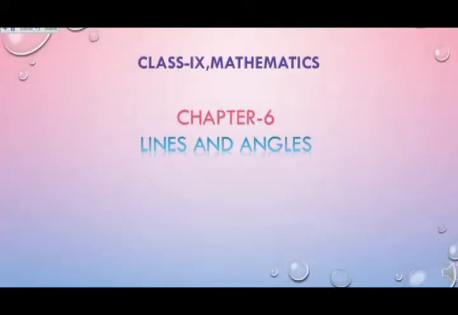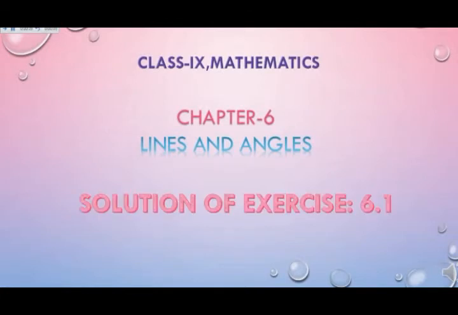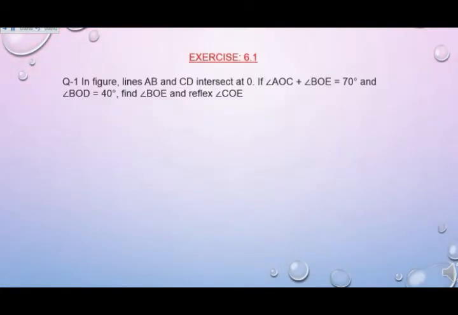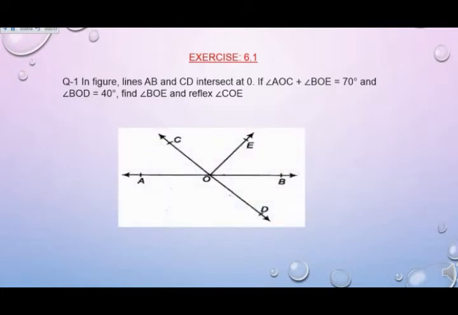Okay students, I hope that you must have understood the basic concept. So let us start the solution of exercise 6.1 now. Question number 1 of exercise 6.1 is: in the figure, lines AB and CD intersect at O. This is the point of intersection.